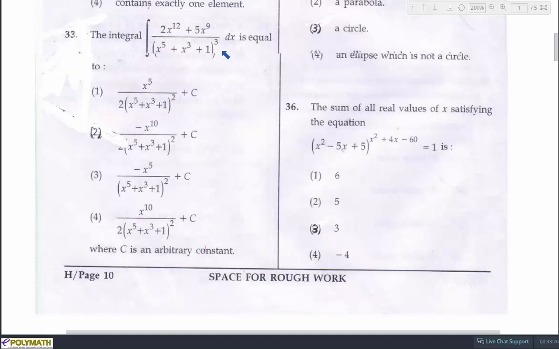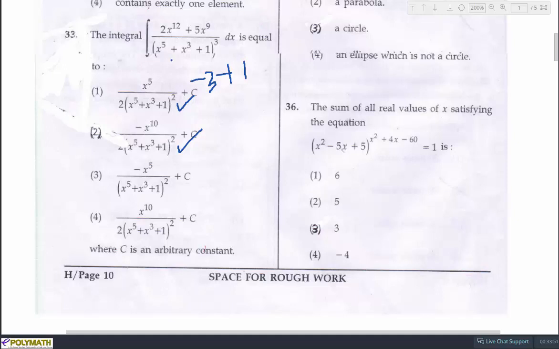Here power 3 is there, and in the options power 2 is there. Just see this, power 2 in every option. That means power 3 is reduced to power 2. So what I'm getting the idea here is, if it is something like minus 3, it is brought to the numerator, plus 1. What is minus 3 plus 1? It becomes minus 2, and thereby you may be getting the chance of plus 2 here.